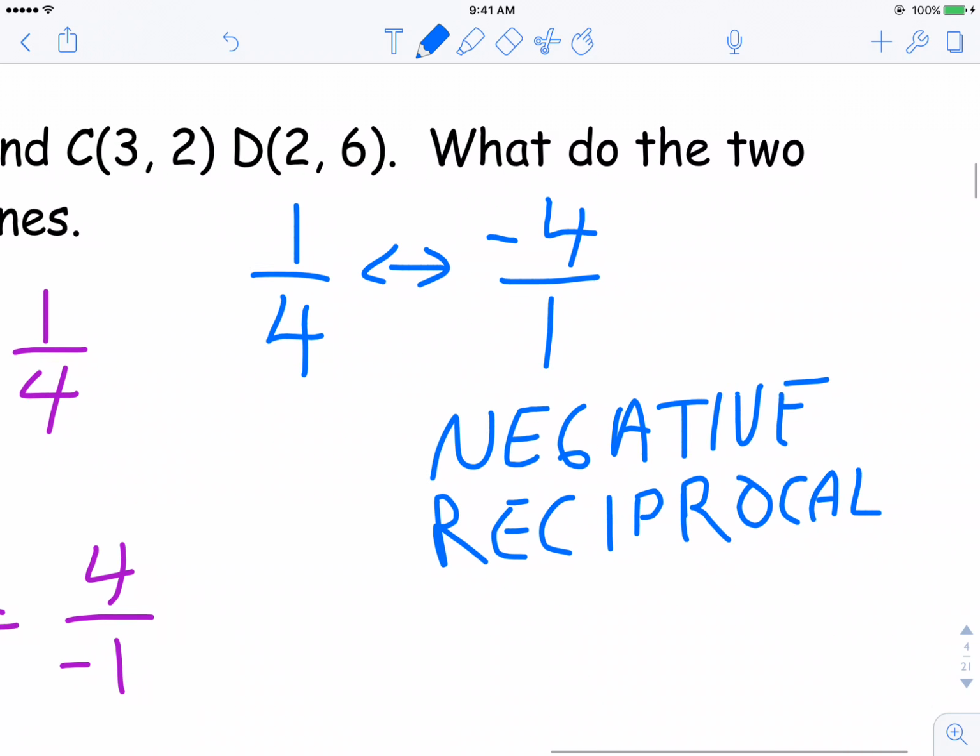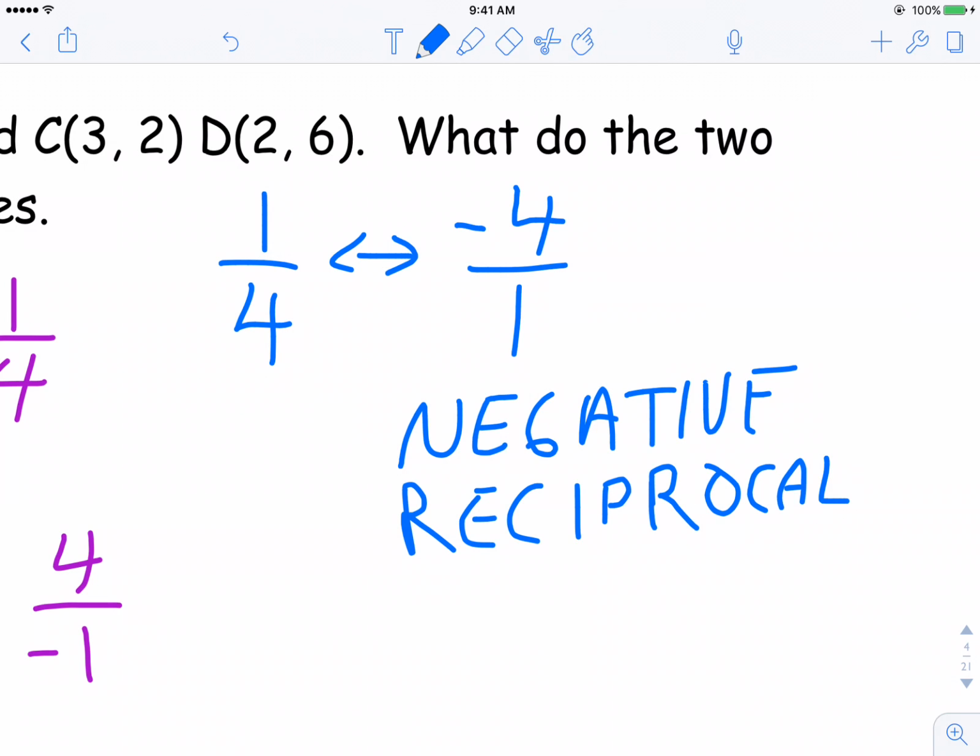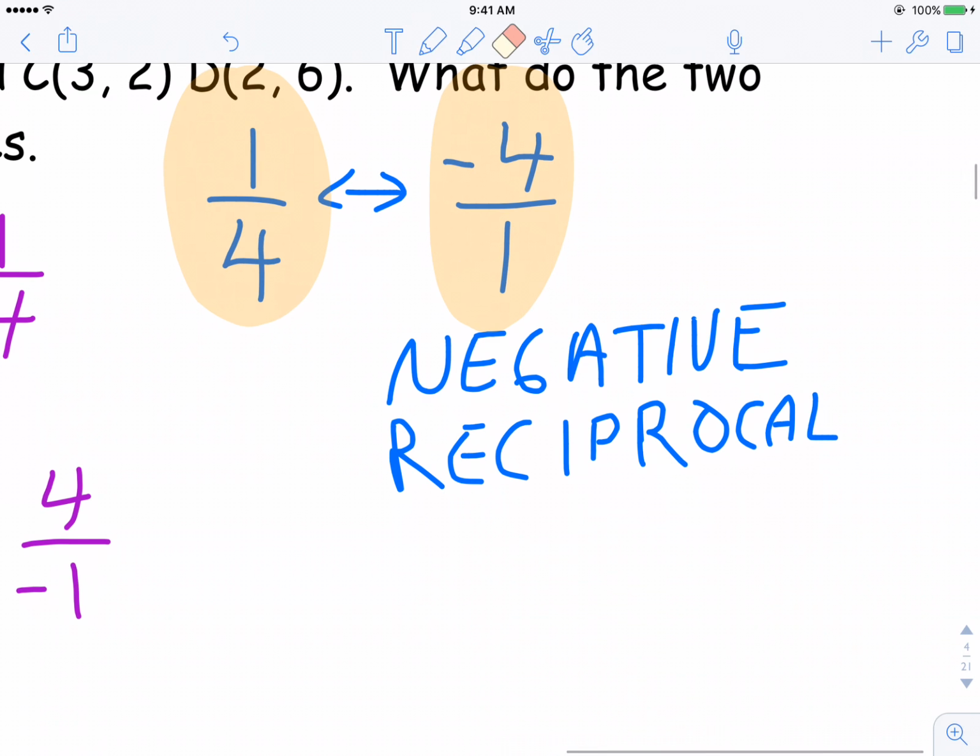Now, a negative reciprocal is changing the sign and flipping the number over. So the reciprocal is flipping it, and the negative part just means change the sign. So it goes from positive over here to negative over here. And then, of course, it also flips. 1 over 4 becomes 4 over 1. Negative reciprocal slopes are what we call perpendicular.